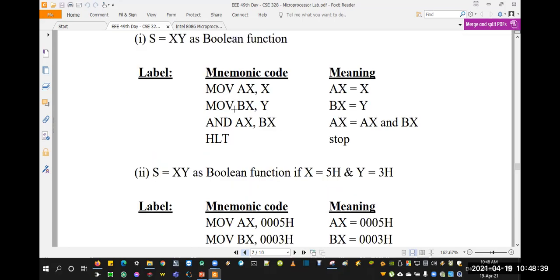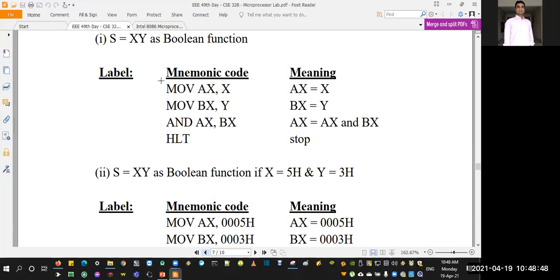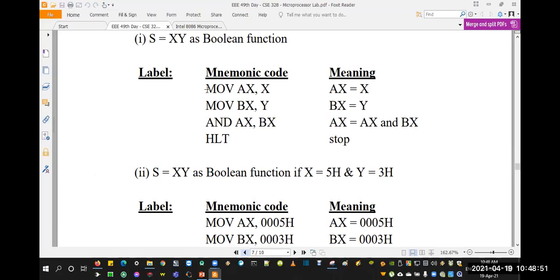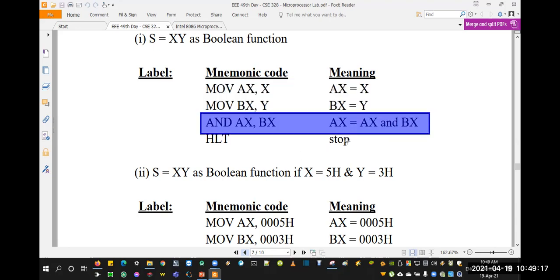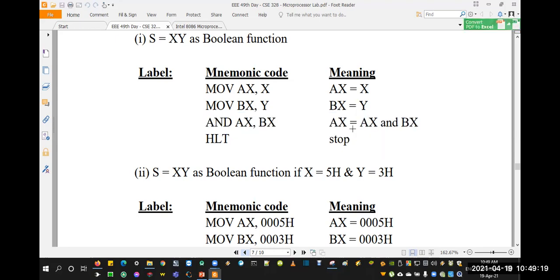We have to write code almost similar to the previous arithmetic instructions: move ax comma x, move bx comma y. This is similar to the previous subtraction or addition kind of arithmetic instructions, and then we are doing AND ax comma bx, and finally all this stuff is just similar.